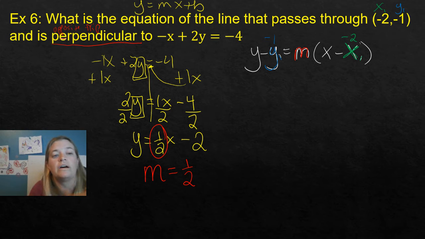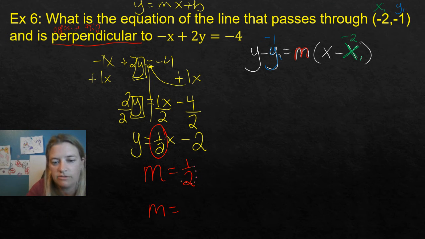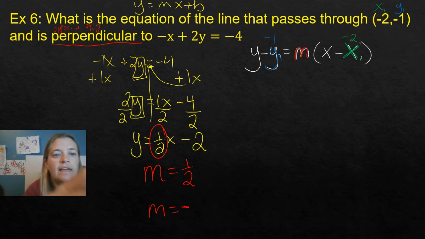So we want one that is perpendicular. The slope of something perpendicular is going to have to satisfy two things. It's got to be the opposite and it has to be the flip. So we know the opposite of a positive 1/2 is going to be a negative. And the flip of this, so instead of 1 over 2, we're going to flip it and it's going to become 2 over 1.